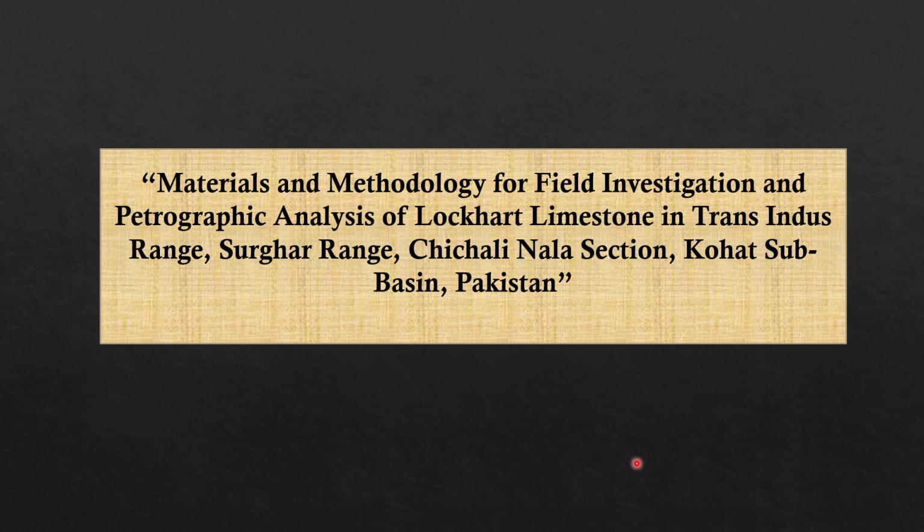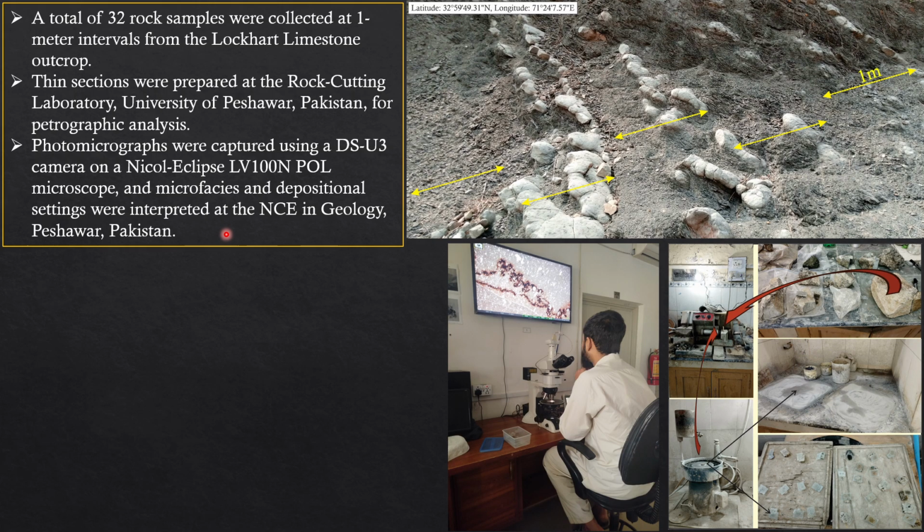What materials did I use in my undergraduate study for the Lockhart limestone petrographic analysis? First we went to the field and collected 32 rock samples at 1 meter intervals. One meter intervals because the exposed strata is not well developed, but we tried at every 1 meter.